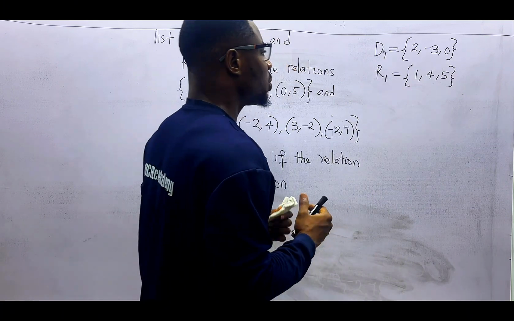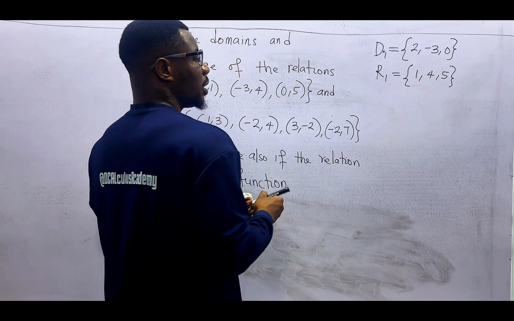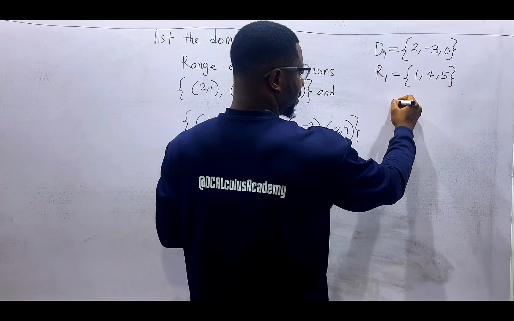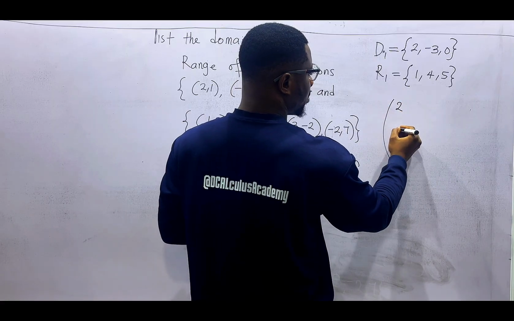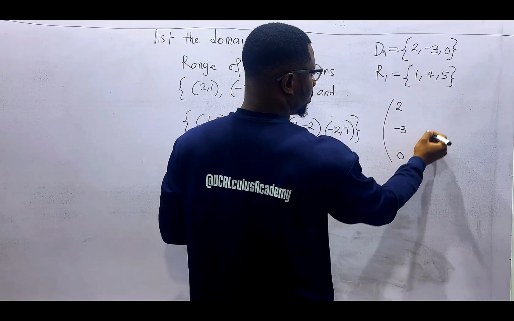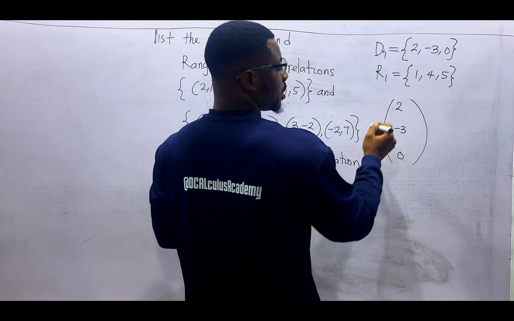So if I wanted to draw a mapping, this is 2, minus 3 and 0, the domain.